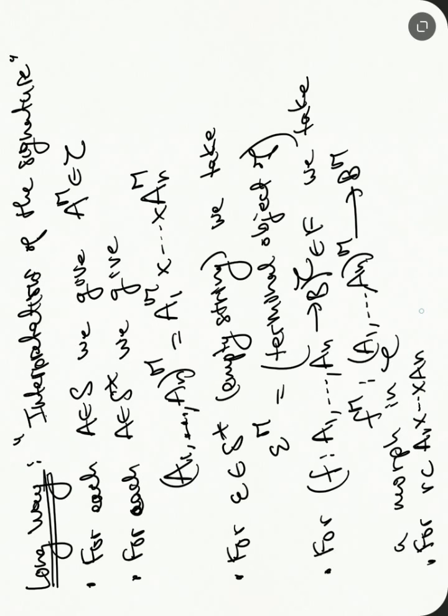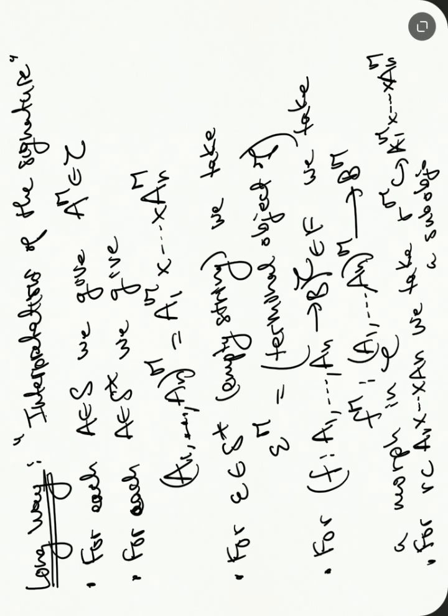I'm kind of mixing notation here. This is probably not very good, but we take Rm in A1 to the M, An to the M. So this is going to be a subobject, and this could be maybe the inclusion.